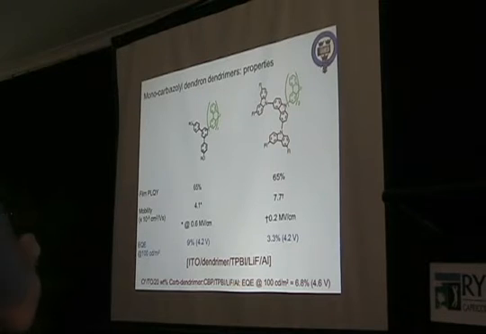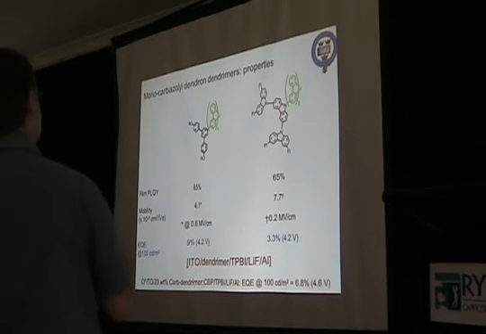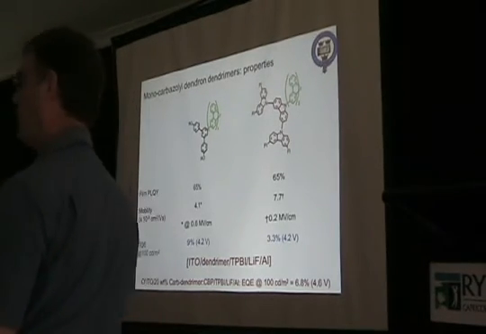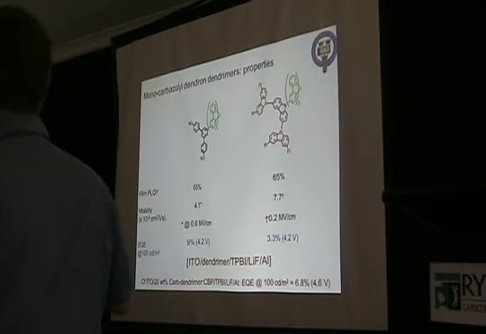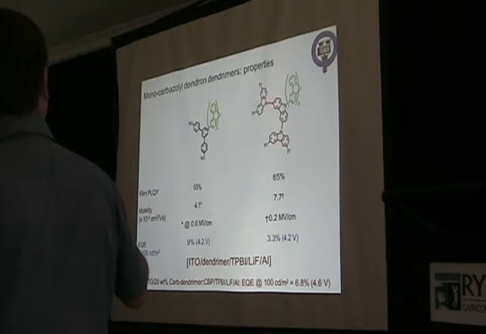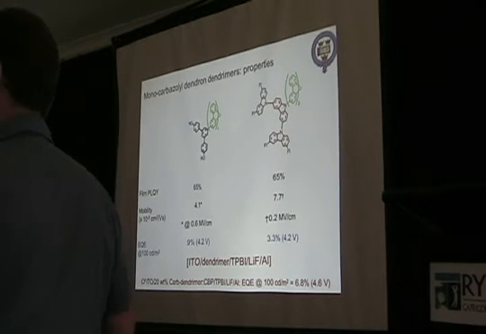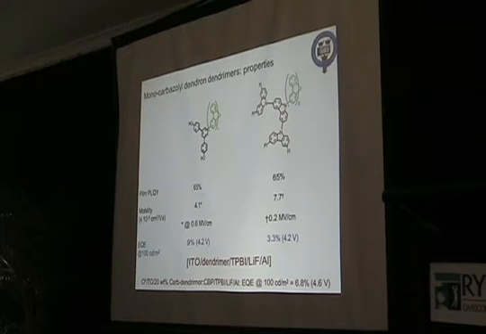From a synthetic point of view, it would not be trivial, because you would have to introduce functionality here and here on your basic carbazole, so you don't have a bromo. But in principle, you could do that to twist it and break the conjugation.